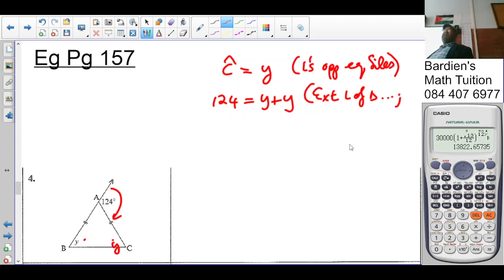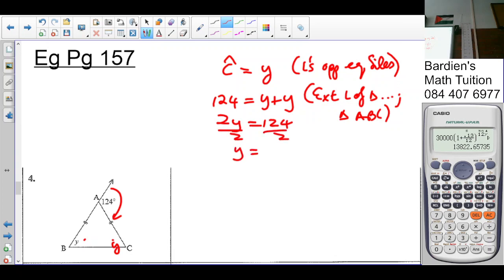Exterior angle of triangle is equal to the sum of the 2 interior opposite angles. Okay. And what triangle is this? ABC. Okay. So what's y plus y? 2y is equal to 124. Divide by 2 both sides, so y is going to be 62 degrees.